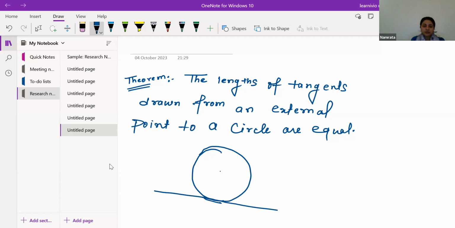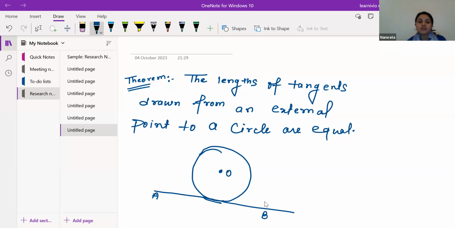Here we are having the center of the circle as O. So let O be the center of the circle. Then the length of tangent drawn from the external point, this tangent length, let's say E.